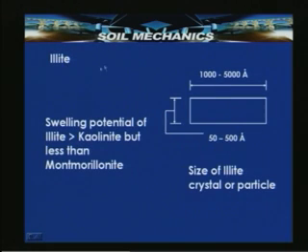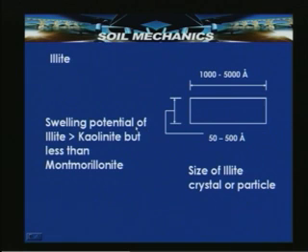The particle size of illite is reasonably larger than montmorillonite and slightly smaller than kaolinite, where 1000 to 5000 angstrom is the lateral dimension width and the thickness is 50 to 500 angstrom units.